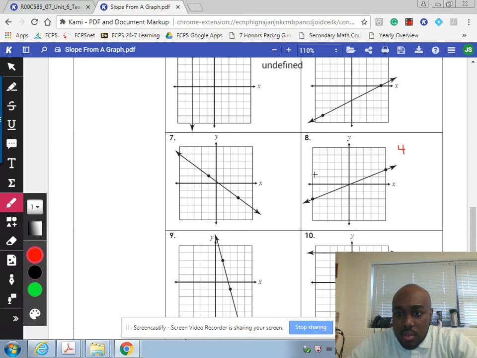And our run is going to be 1, 2, 3, 4, 5, 6, 7, 8, 9, 10. So 4/10. As you all know, both of these numbers are even, so we can reduce both of these, and when we reduce it, it's going to be reduced down to 2/5.